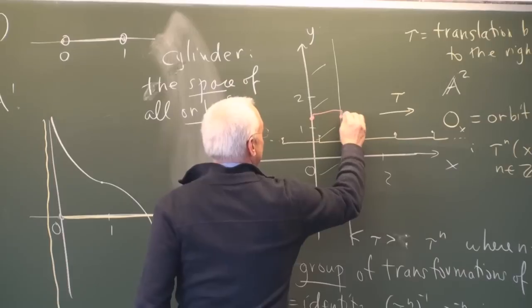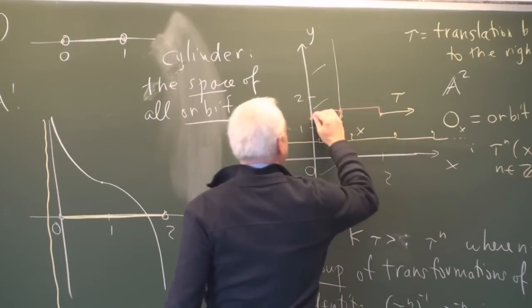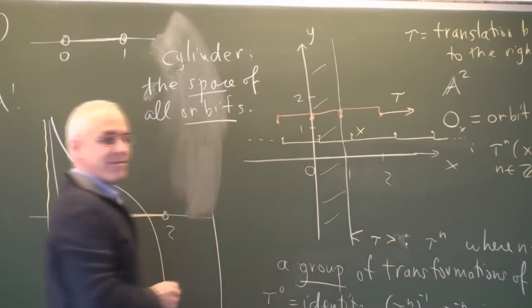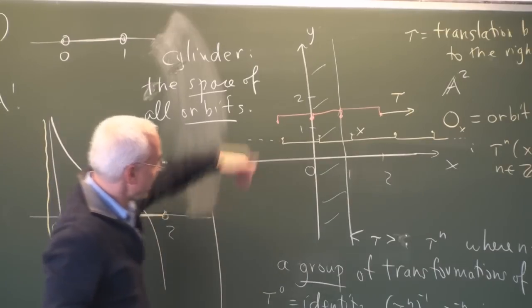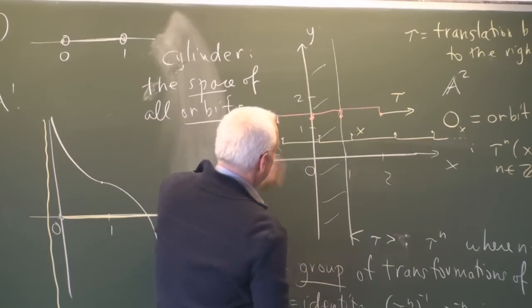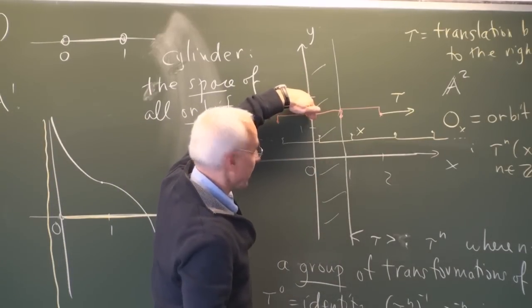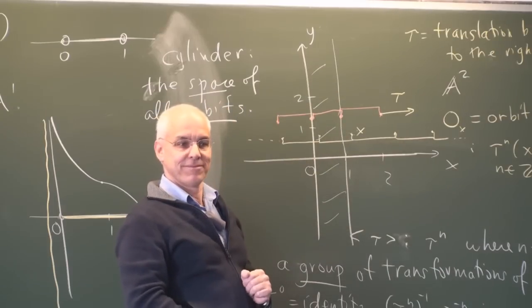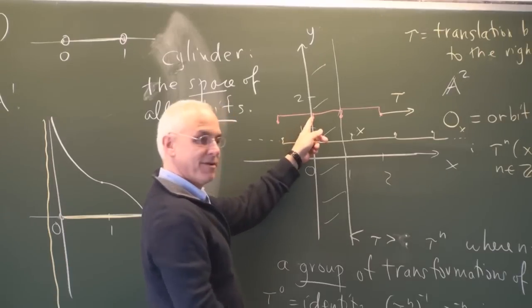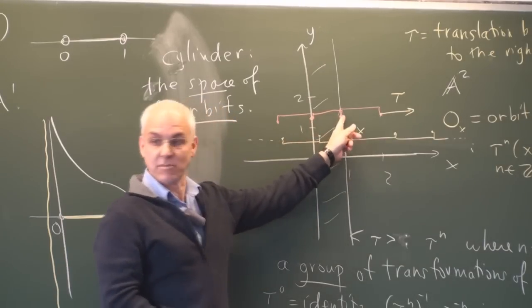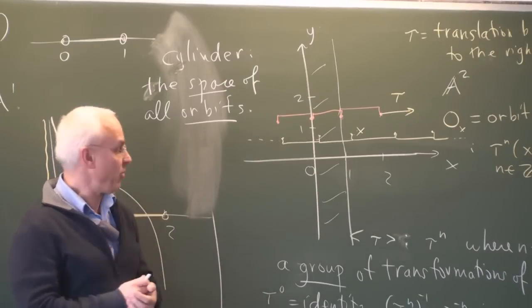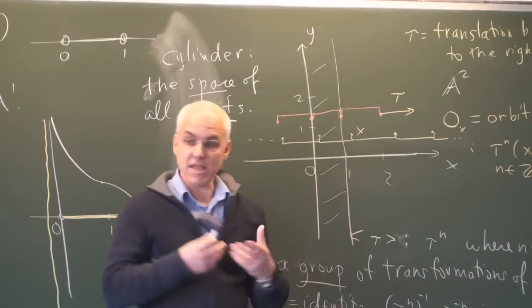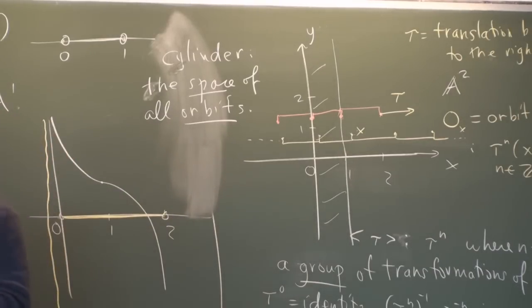Those would be also in the same orbit. And so to get rid of that redundancy, we could take this strip and identify the left edge with the right edge. We simply glue this point on one side of the strip to the opposite point on the opposite side. We identify those points, and then we get a nice representative family for all the orbits.